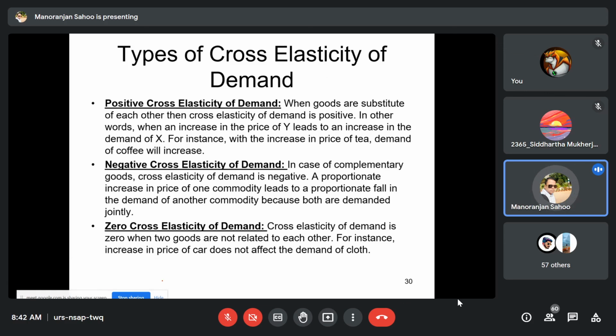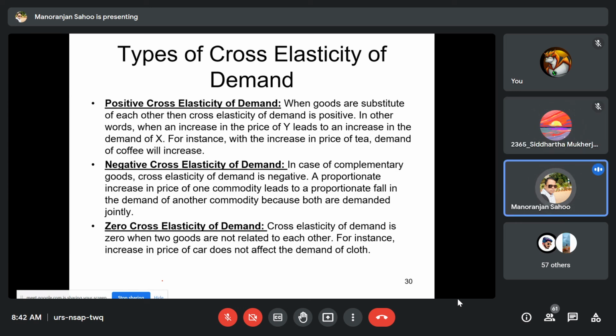So here, by calculating the cross elasticity, we can identify whether two commodities are substitute goods, complementary goods, or unrelated goods. If the elasticity value is positive, then we can say the two commodities are substitutes to each other, because in the context of two substitute goods, if the price of one commodity increases, the demand for the other commodity will also increase and vice versa.